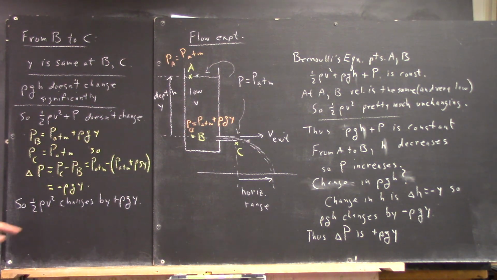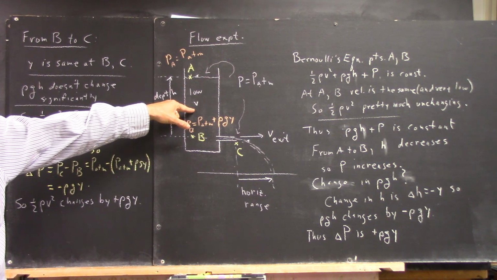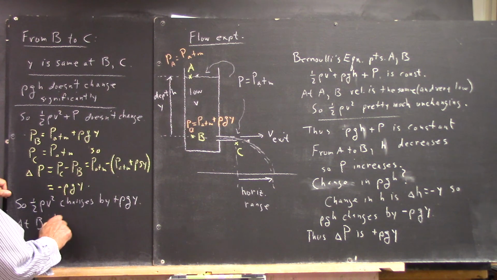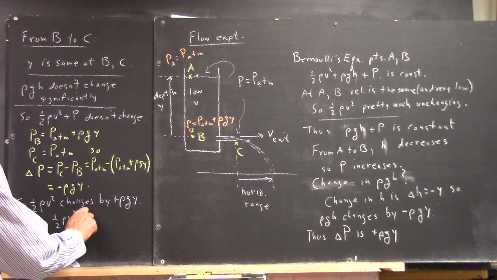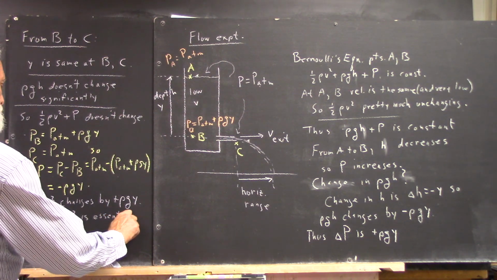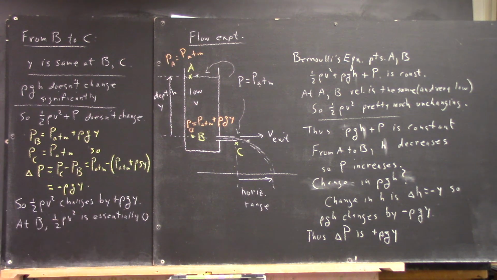Okay, well, so 1/2 rho v squared changes by this, right? Okay, what's v here? Well, at B, 1/2 rho v squared is essentially 0.